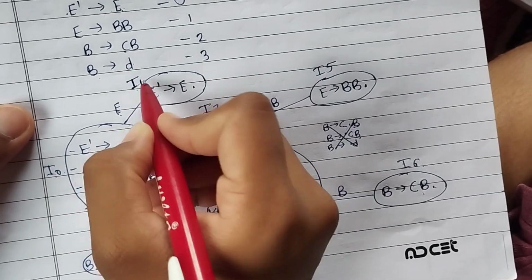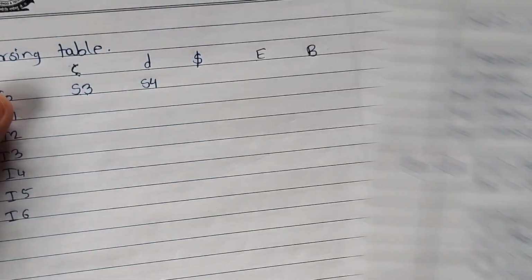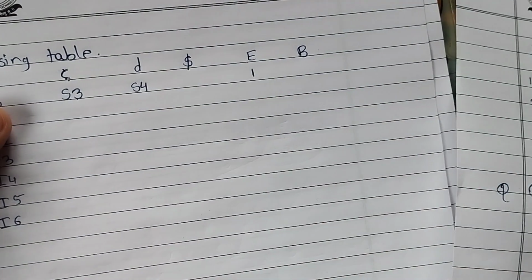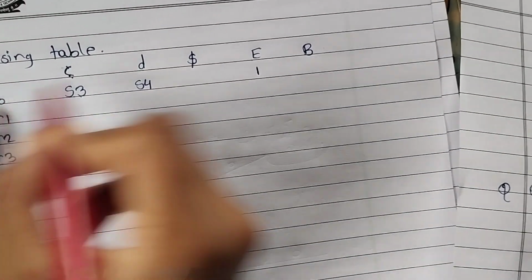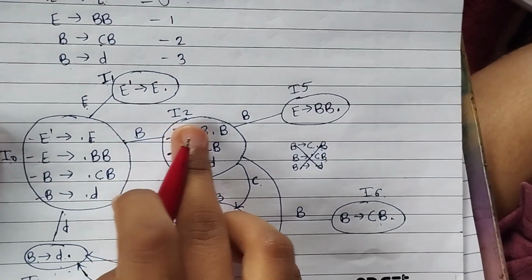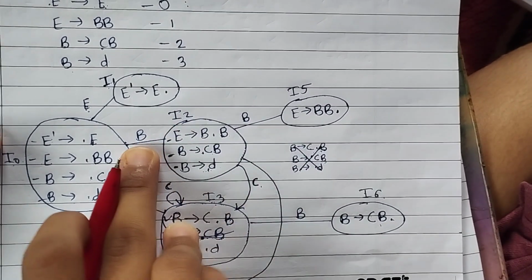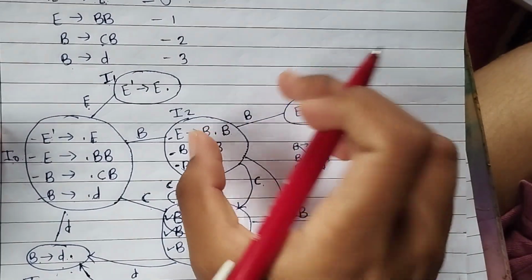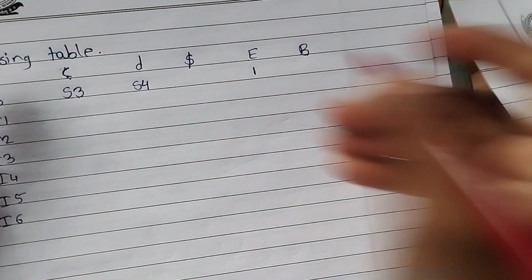So here I1 is present, so we only write 1, not S1 or I1, only 1. Now I0 and B. For I0 and B, we go to I2, and this is a non-terminal, a capital letter, so we only write 2, not S2 or I2, only 2.